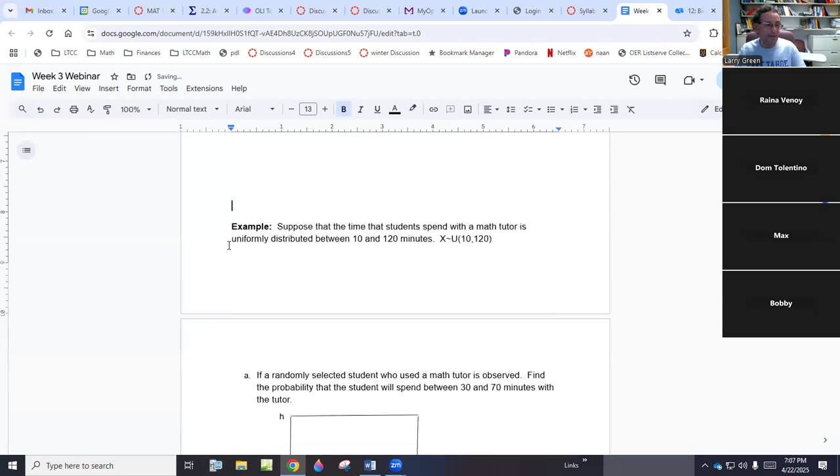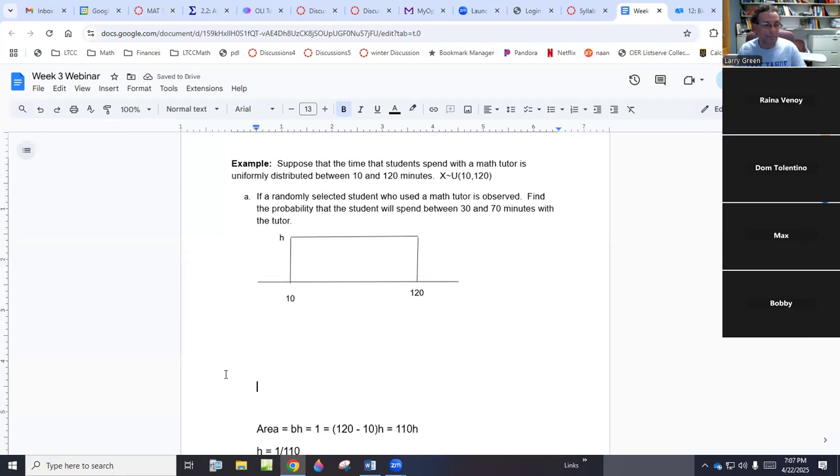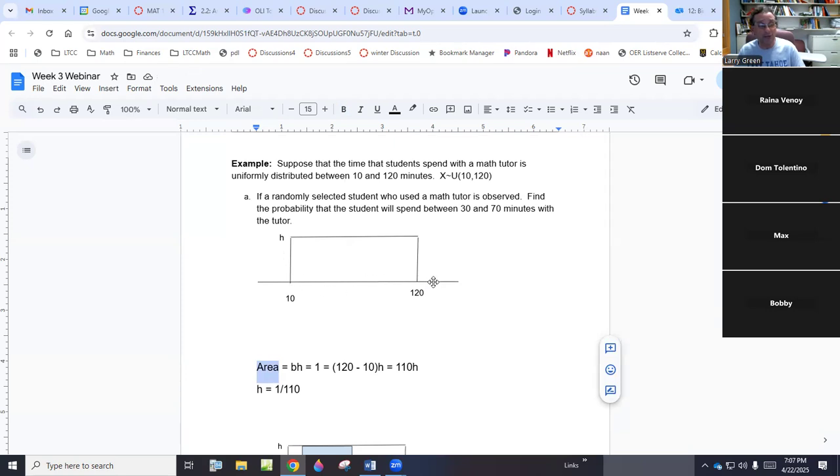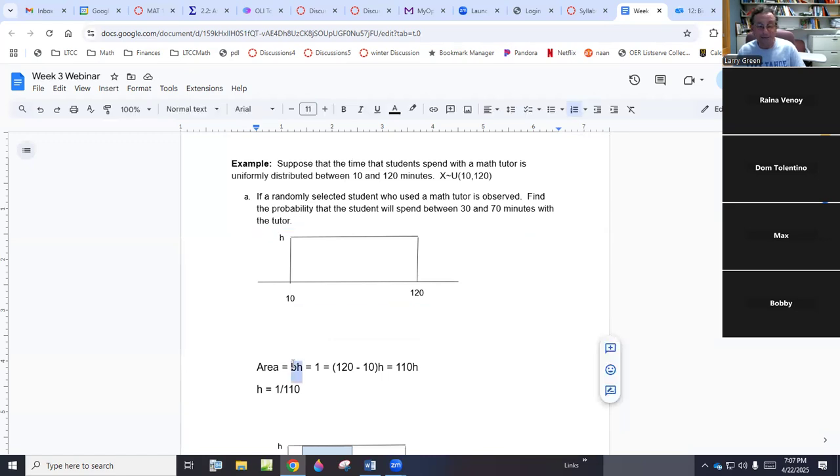So what we can write is, the area of this rectangle, that's the probability of being between 10 and 120. That is the base times the height. That's how you find the area of a rectangle. And that must be 1, because you have a 100% chance of it being in the rectangle.